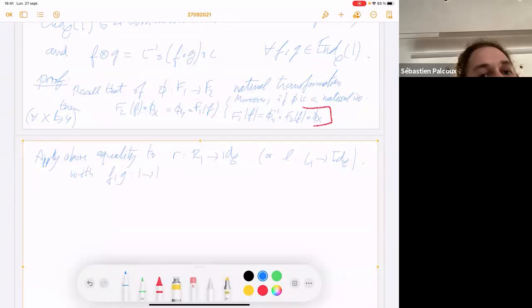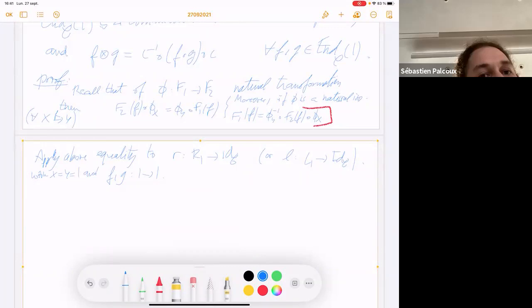So X equal Y equal 1, and take F, G from 1 to 1, two morphisms.